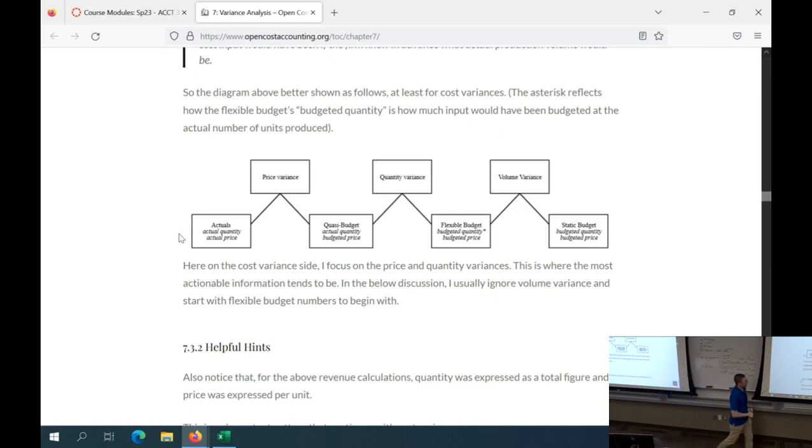The key is the way volume variance does come into play in the questions is, I think I said this Thursday too, I will give you information on the static budget sometimes, and you'll be tempted to compare this number and this number, and you will get, instead of the quantity variance, which is what the question is asking for, the quantity variance plus the volume variance, which is an unusable number.